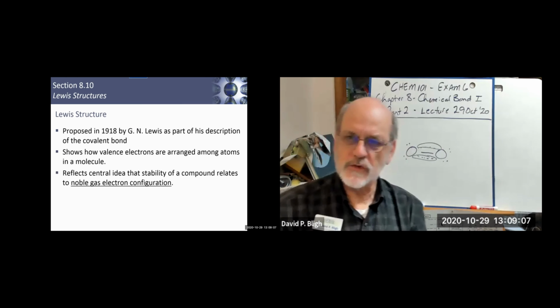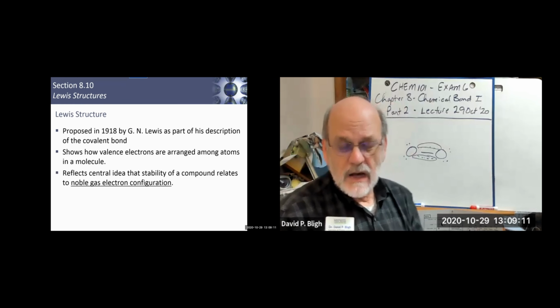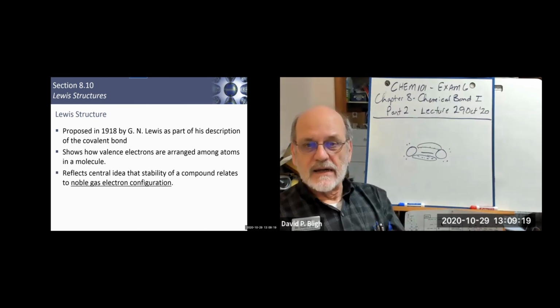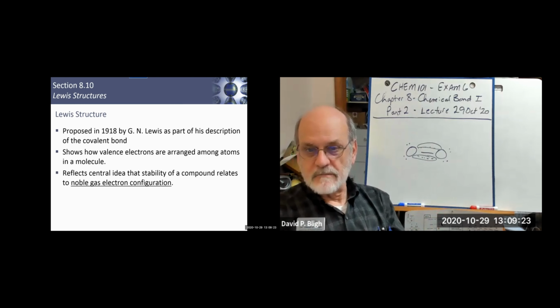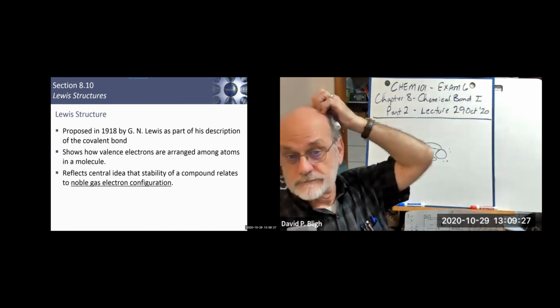Okay, the Lewis structure was proposed by G.N. Lewis. He was trying to work out how to describe these covalent bonds, and he had his own theory. Turned out to be not very good, but it was a start.